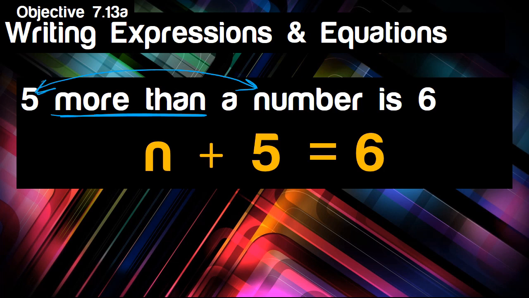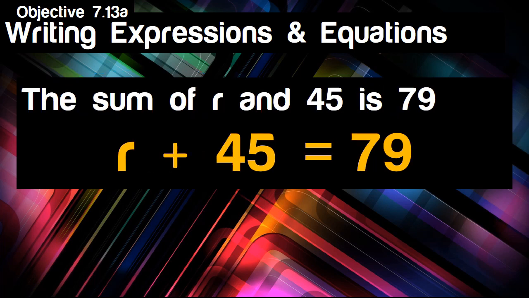For that number, I just labeled that as n for the variable. The word is going to be our equal sign. And so the way we write this, 5 more than a number, we have n plus 5, because more than is addition. Is is going to be our equal sign, and then 6 right after that. We don't have to solve that right now. We're just writing the expressions and equations.